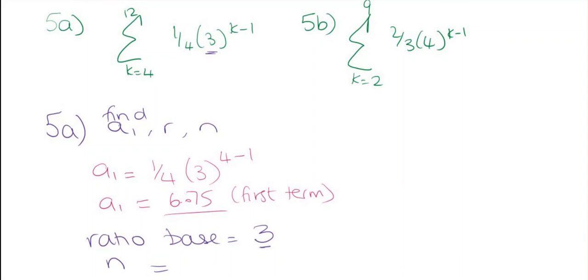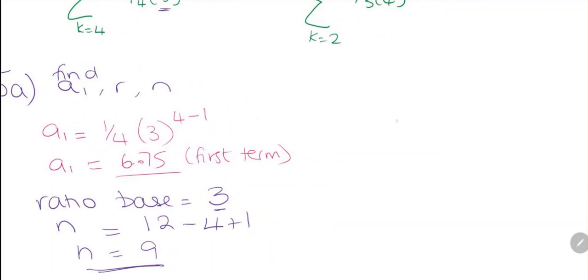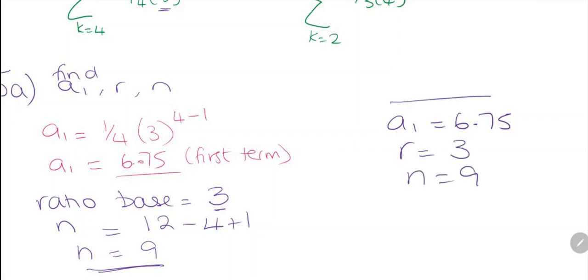So the number of terms is going to be the difference. So 12 minus 4 plus 1. So n will be 12 minus 4 is 8 plus 1 is 9. So let's just write this here. a1 is 6.75, the ratio is 3 and n is 9.